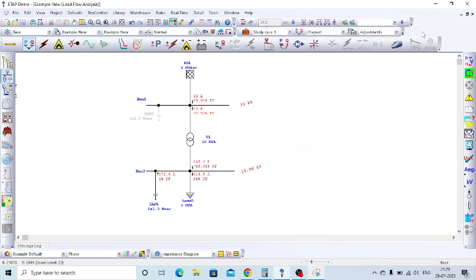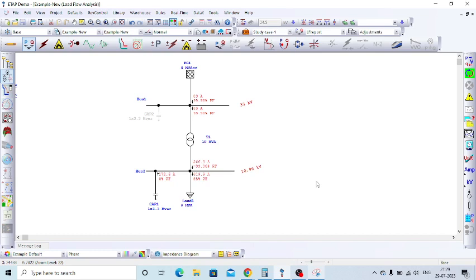Okay, so the location of the capacitor bank for the reactive power compensation we have to decide based on optimization techniques.